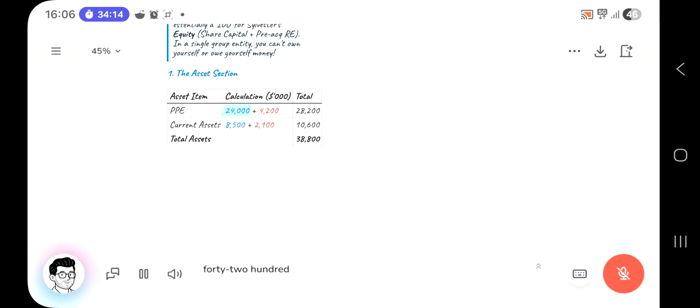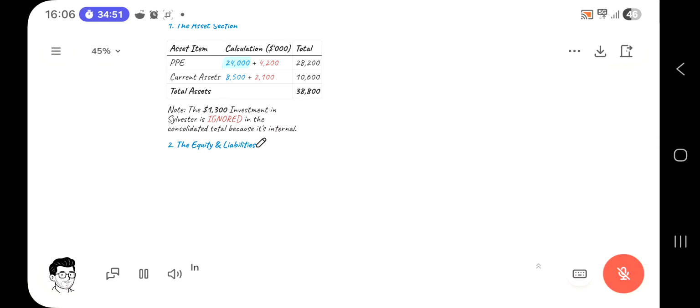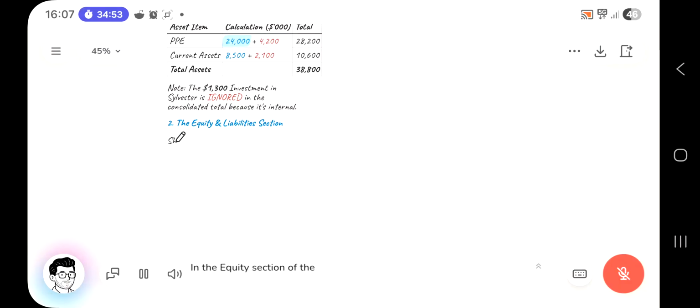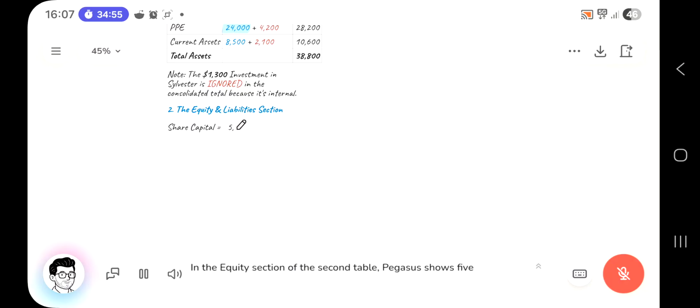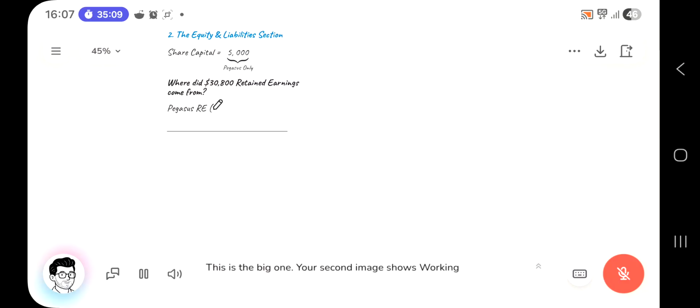Now, let's look at the equity section, which is where most people get stuck. In the equity section of the second table, Pegasus shows 5,000. We only use the parent share capital. Sylvester's 100 is canceled out. This is the big one. Your second image shows working 3.